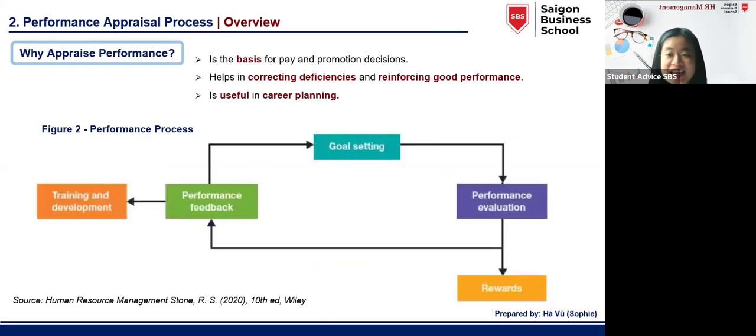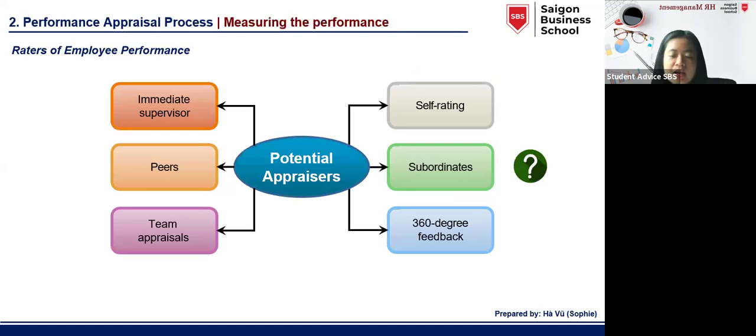Now, let's move on to the second step in the performance process, measuring the performance. Typically the performance evaluation is conducted by the immediate supervisor, but it can also be carried out by anyone who understands the job responsibility and objective, or someone who has enough opportunity to observe the employee's performance, or someone who can distinguish between effective and ineffective performance.